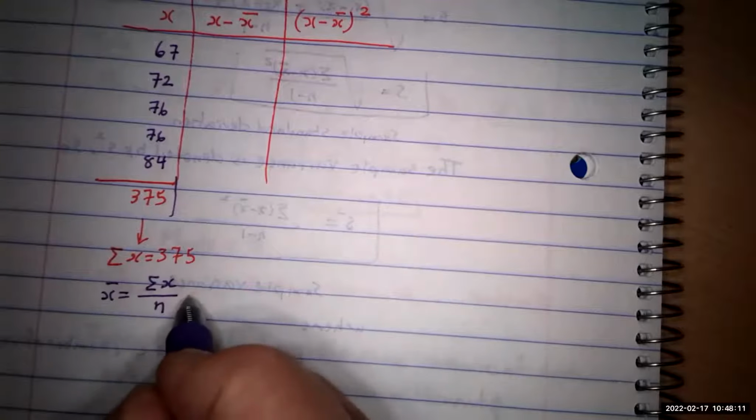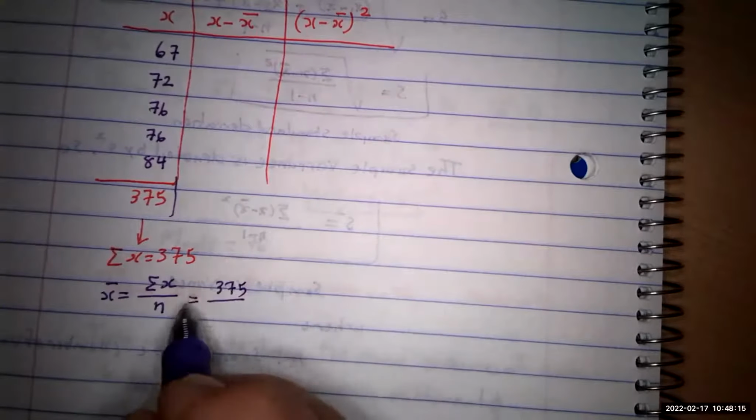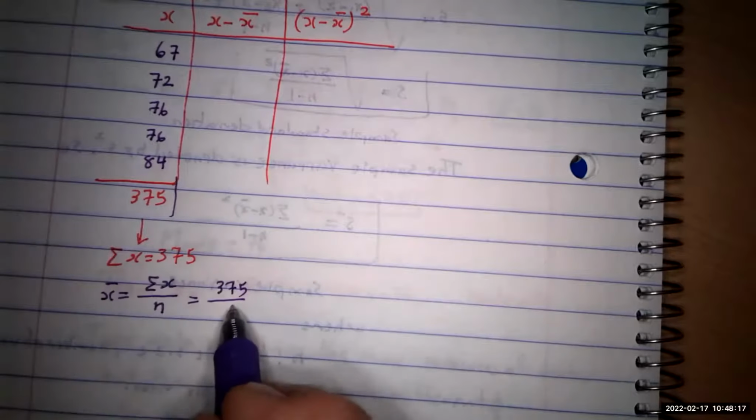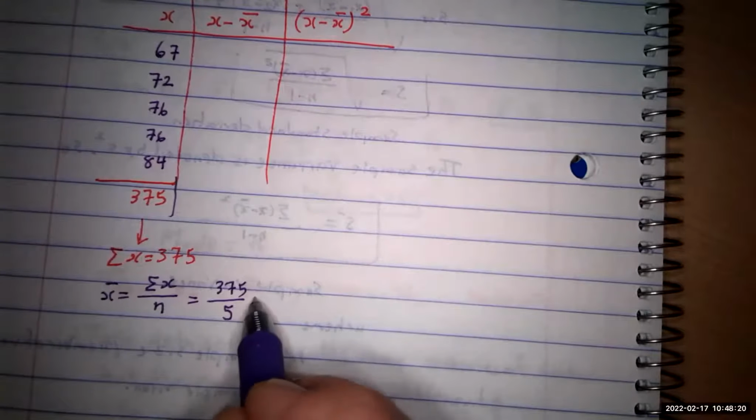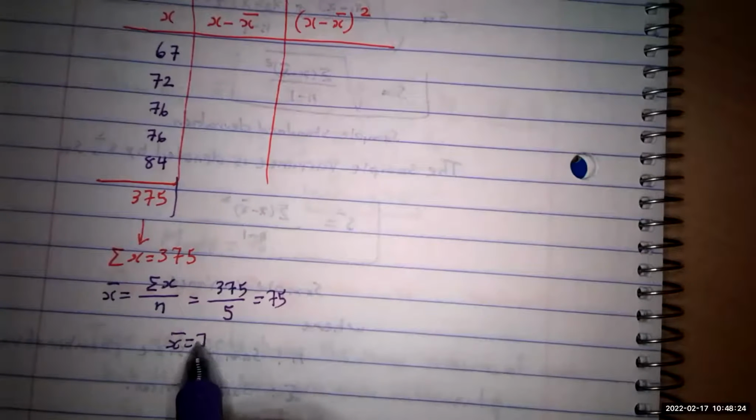The sigma is 375, and the number of observations is 5. Divided by 5, that gives 75. So your x bar is 75. Okay, that's going to be your first step. Any question? You need the mean because you have to fill up this column.